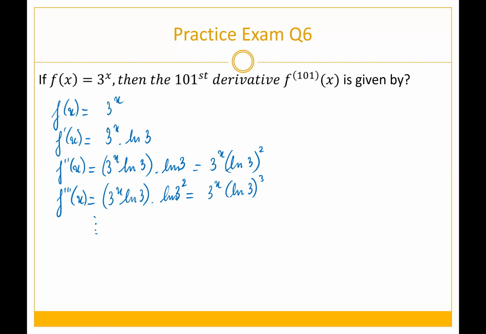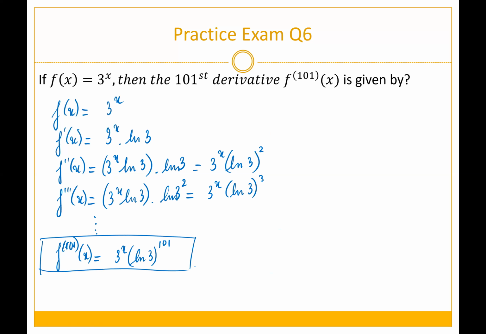So here we see the rule: whatever the order of the derivative, you have that power of ln 3. So if we take the 101st derivative of f(x), we're going to have 3 to the x (ln 3) to the 101. Pretty simple, but most of the time we have to find the rule of what it's leading to.